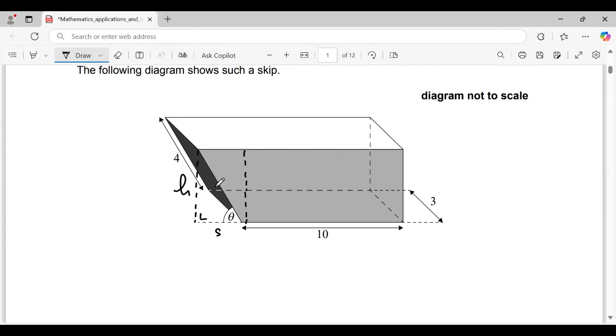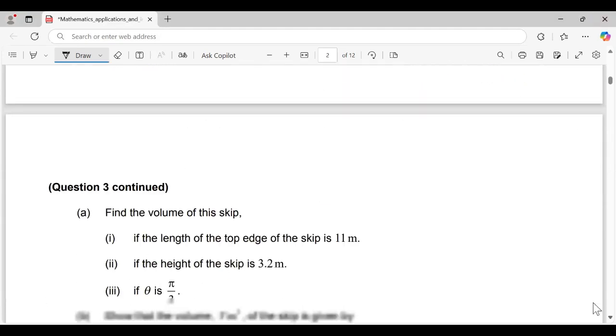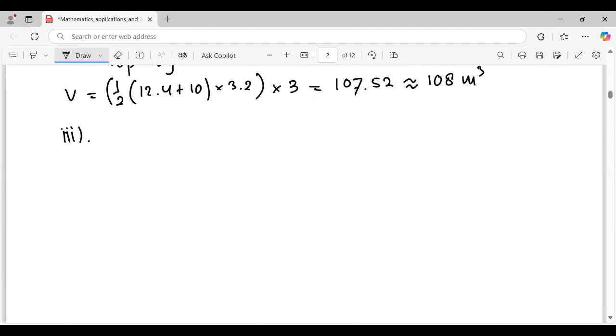This is hypotenuse 4. I'm going to sketch here. This is pi third or 60. Okay.